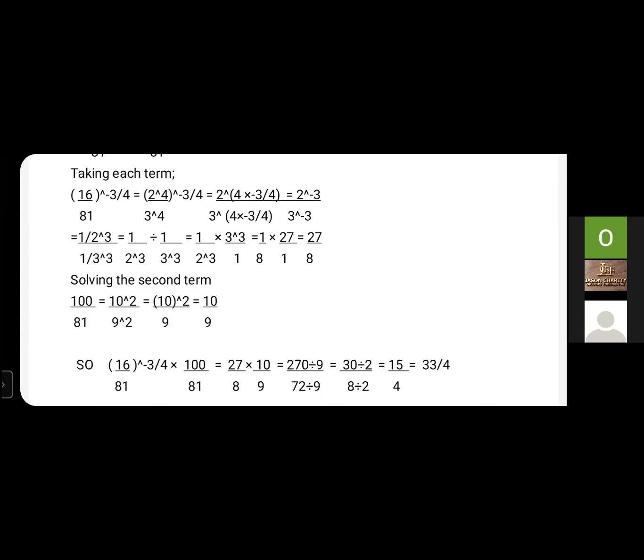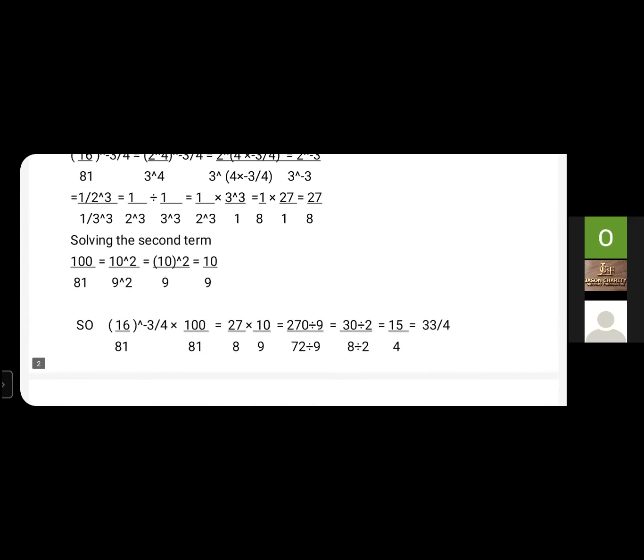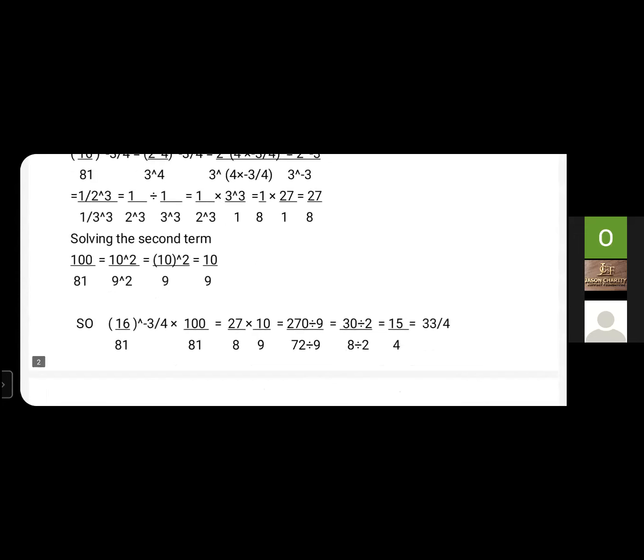So this gives us 10 over 9 in brackets, all raised to the power of 2, and then another bracket where we have it to the power of half. When we solve that, 10 in the bracket to the power of 2 to the power of half, 1 over 2 times 2 gives us 1.